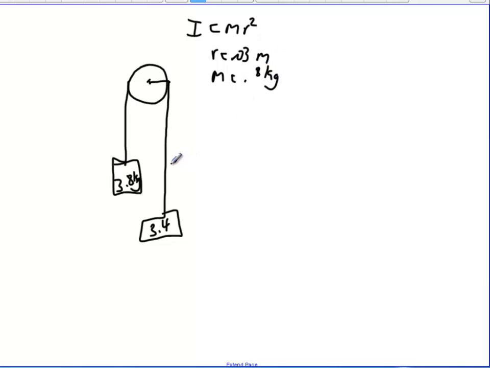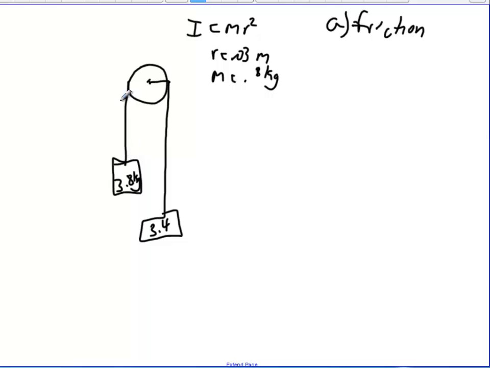We're going to do this for two cases: A, the frictionless case, and B, with friction. So A says if this is frictionless, what is going to be the angular acceleration of the pulley or the linear acceleration of the masses?